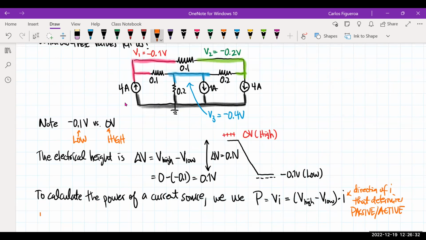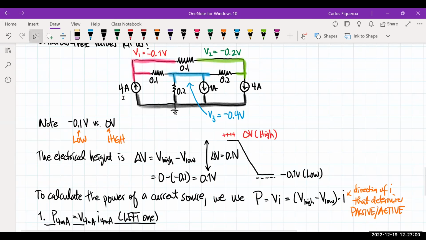I want the power of the 4 milliamp source, which should be the voltage of the 4 milliamp times the current of the 4 milliamp. And this one's going to be the left one. So we're talking about this guy right here. So let's draw this guy out.